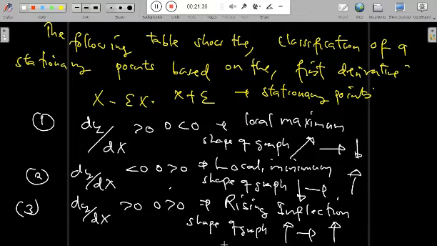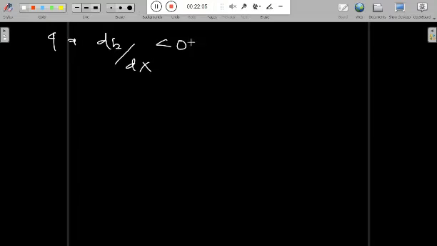And if dy over dx is less than 0 on both sides, that represents a falling point of inflection, and the graph appears in this mode.